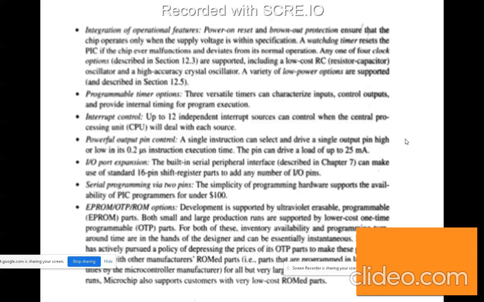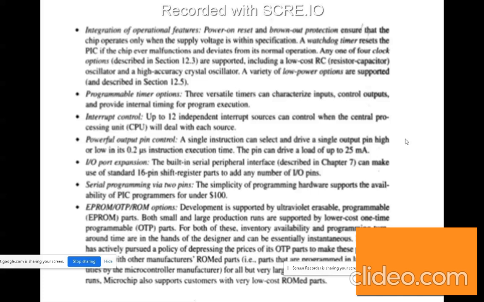Then next, input output port expansion. Input output port. What is a port? A port is nothing but the entering and leaving place of the device. Okay, so input and output means you can give the input as well as get the output from the device through that pin, that will be called an input output port.